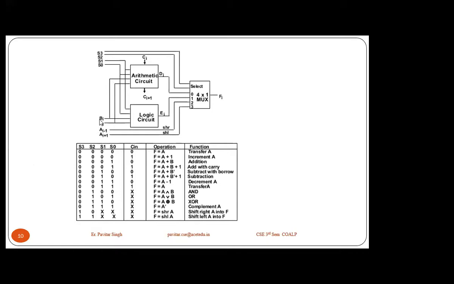So here we have AI and BI as the inputs. S0, S1, S2 and S3 are the control inputs, right? CI is for carry in and CI plus 1 is for the next circuit. So I am showing you one typical stage.